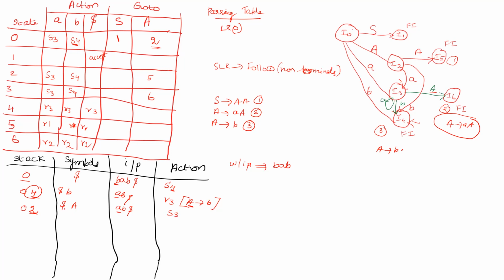We are shifting one character. Already we have capital A, so we are shifting another variable. The string contains only B and dollar. Since we have shifted, we have 0, 2, and that number we add here. So 0, 2 and 3.